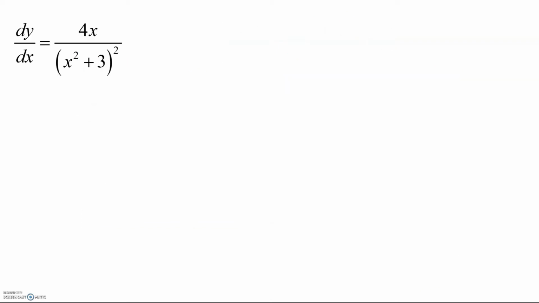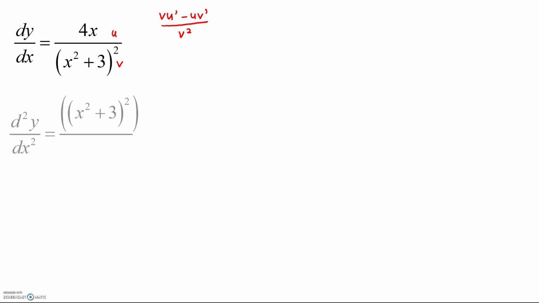Now, let's find out our d squared y over dx squared. First of all, we need to use the quotient rule again, so use the formula (v u prime minus u v prime) over v squared. So our d squared y over dx squared becomes: we copy v and differentiate u, we got 4.